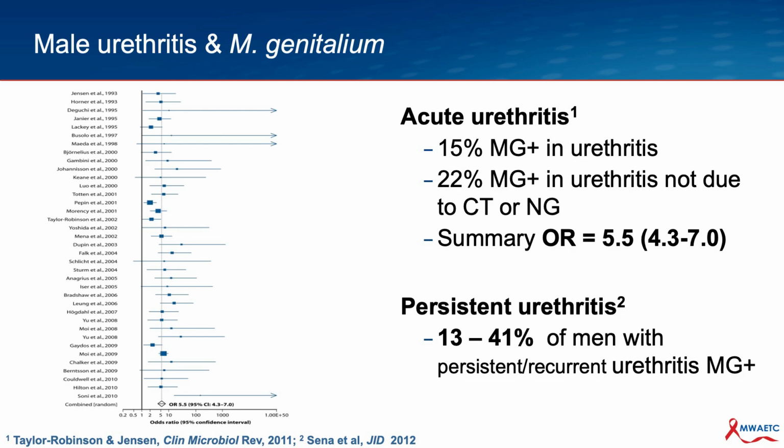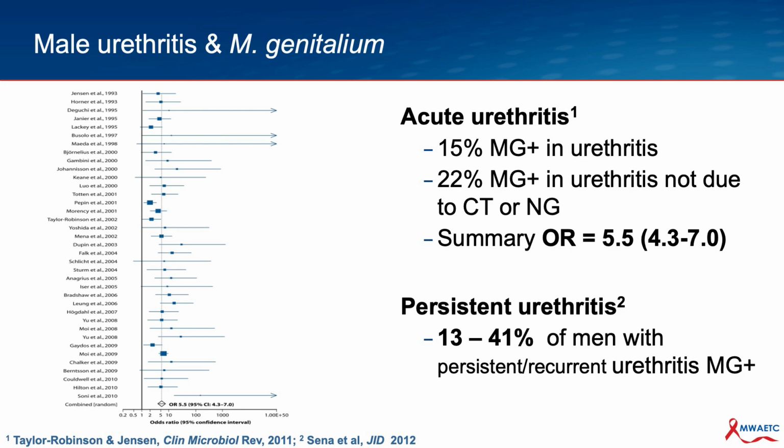Really, the syndrome that has been most highly associated with M. genitalium and has the most data behind it is penile urethritis. About 15% of all urethritis that we see is due to M-Gen. And if you look just at urethritis not due to chlamydia or gonorrhea, it's an even higher proportion, about a quarter. So the summary odds ratio for having M-Gen, if you have acute urethritis, is here.